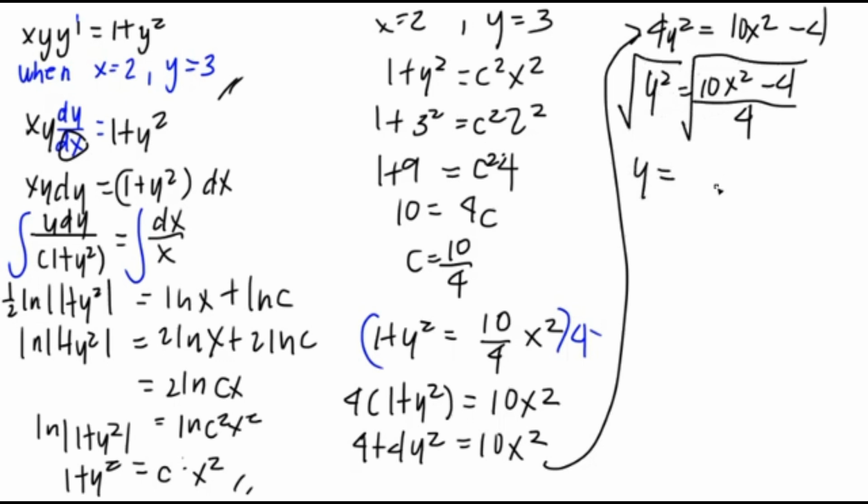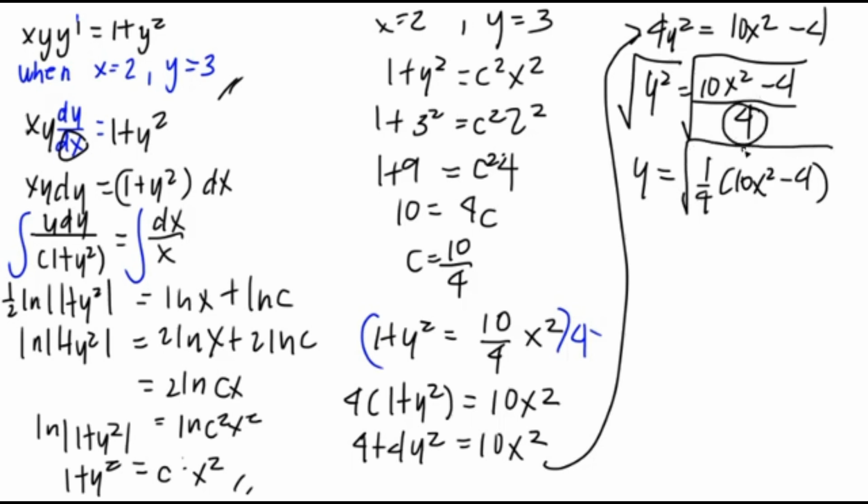Magiging y is equal to the square root of 10x squared minus 4. Tapos may 1/4 since ito yon yung 4. So, i-write tuloy natin. Magiging 1/4 times 10x squared minus 4 square root yan.